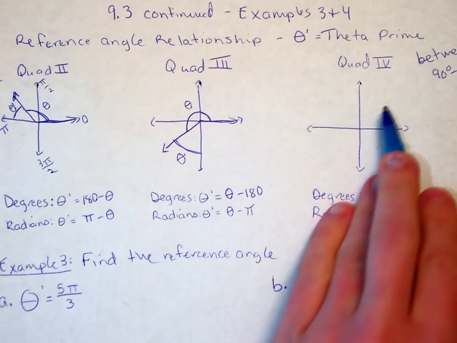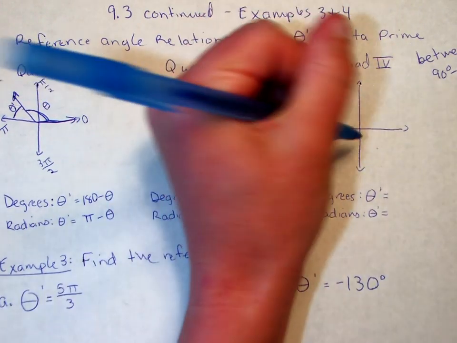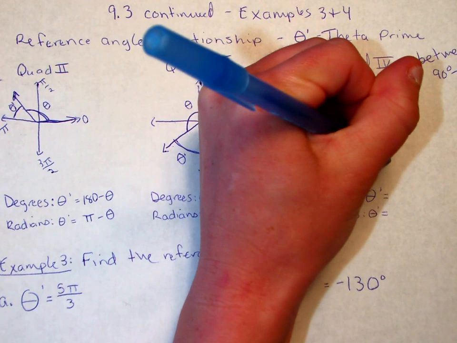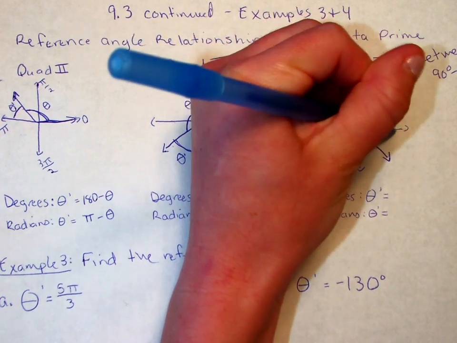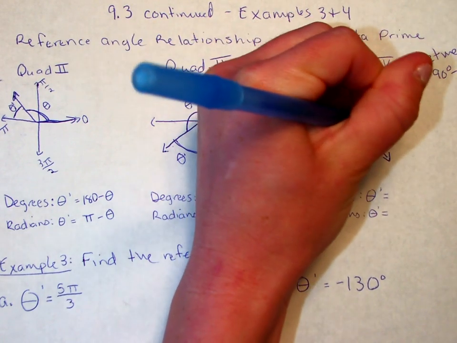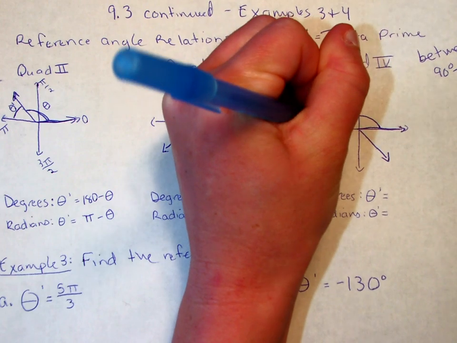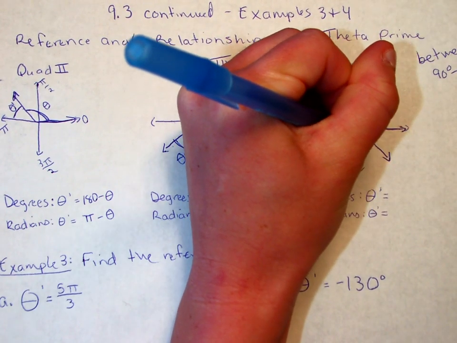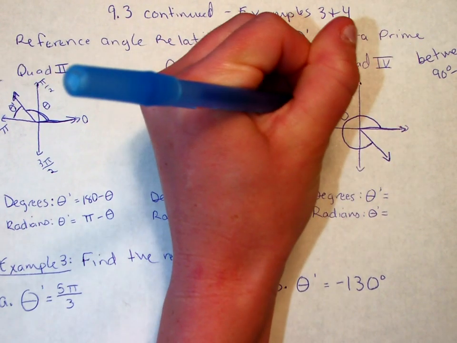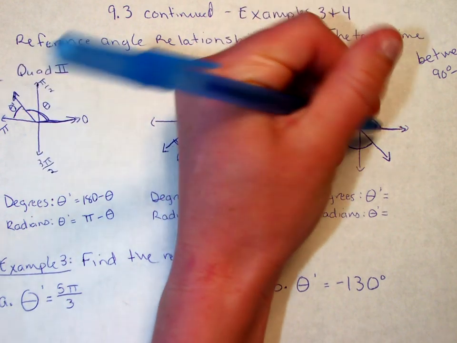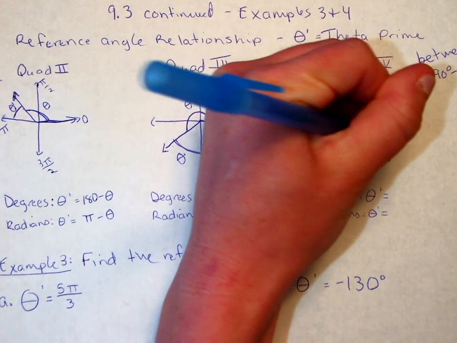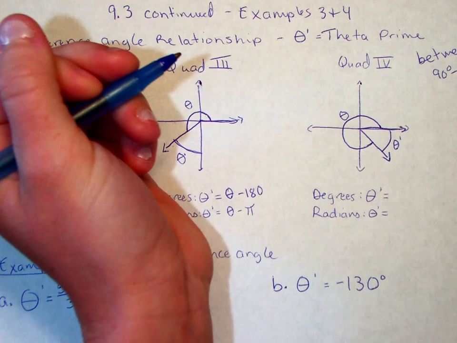All right, and the last one, quadrant 4, the angle will be something like this. Theta is this whole big piece, and theta prime finishes it off.